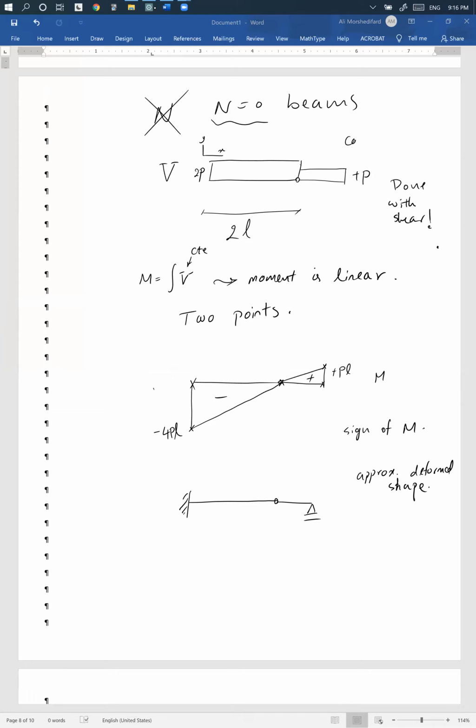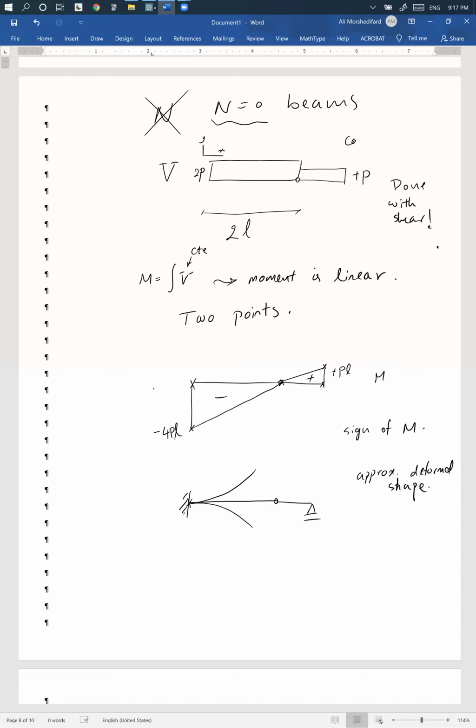So let's do the approximate shape for this one. If I want to start from here, you see that the fixed support, the tangent should be horizontal, right? So you can either start this way or this way. As we said, the second derivative is the moment, right?